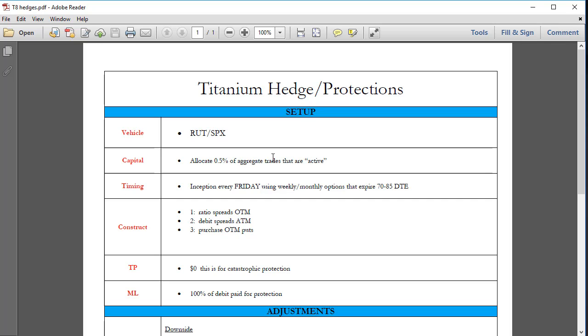Then as you get that confidence and as you learn how the trade operates, well, then you can start increasing size.